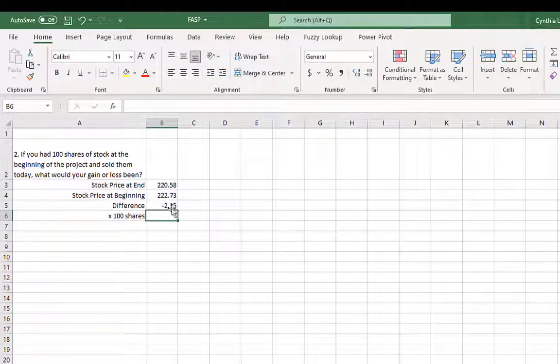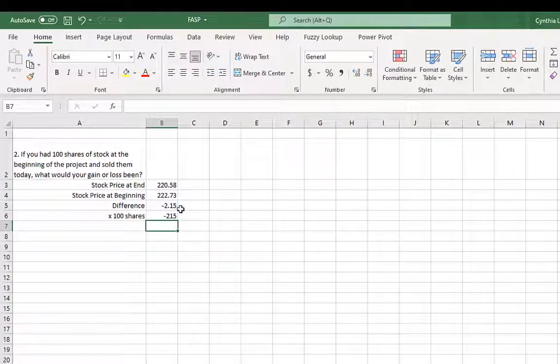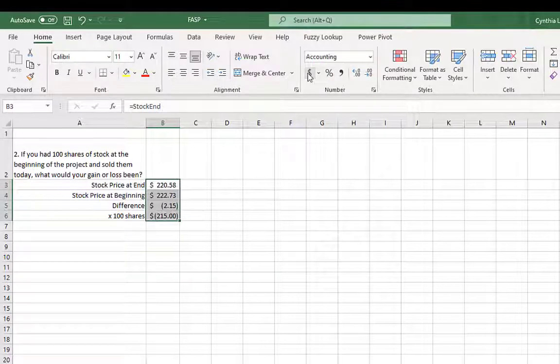And then, so I lost $2.15 a share. So if I multiply that by 100, I would have lost $215. So I'm going to go ahead and format this all as dollars. And there's my loss.